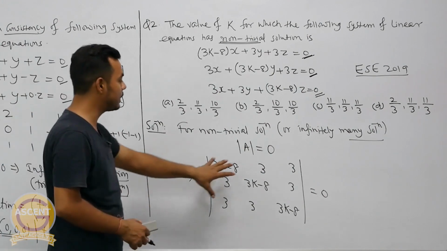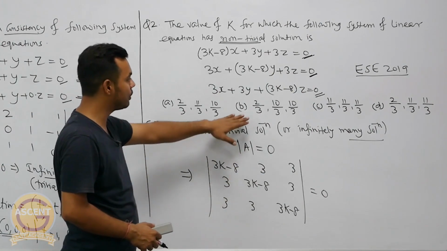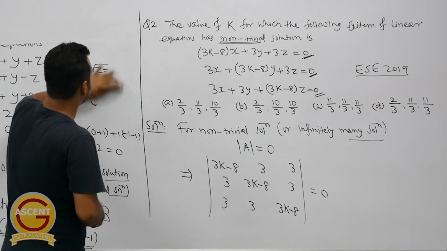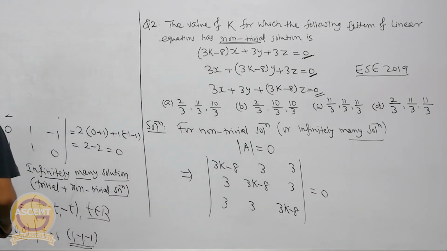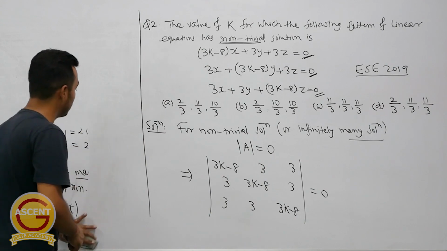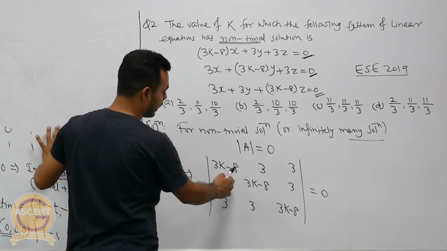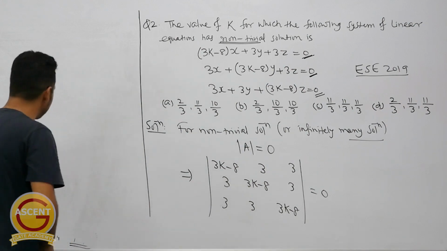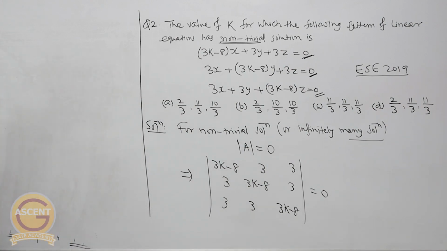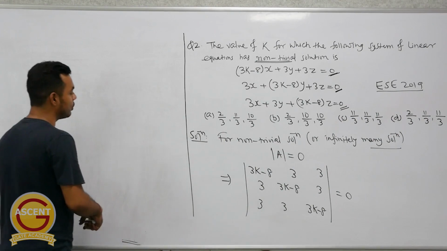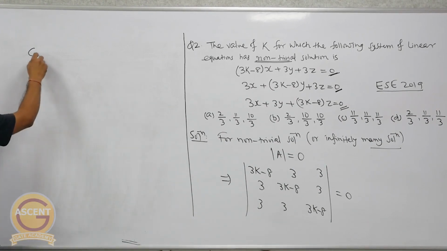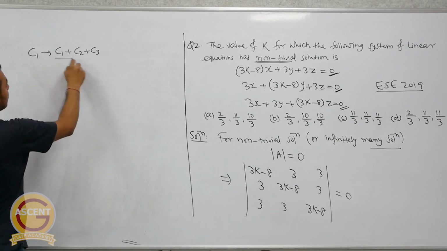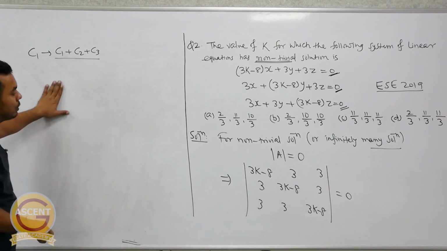Now we have to solve this determinant, and from here we have to see what the possible values of k are. You can see that if I add c1 plus c2 plus c3, that is, if c1 goes to c1 plus c2 plus c3, we know that in the case of a determinant this will not change its value.